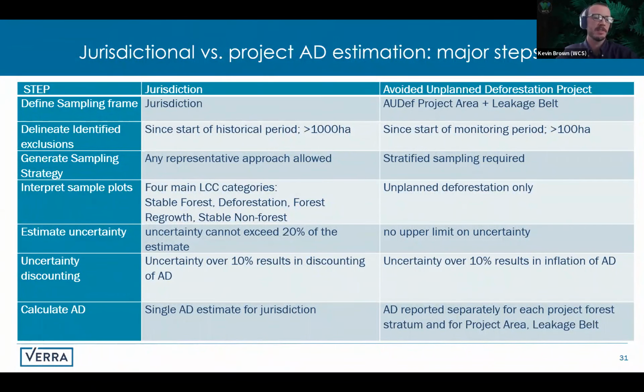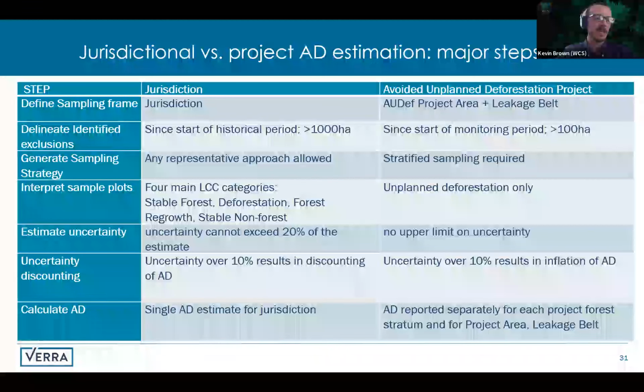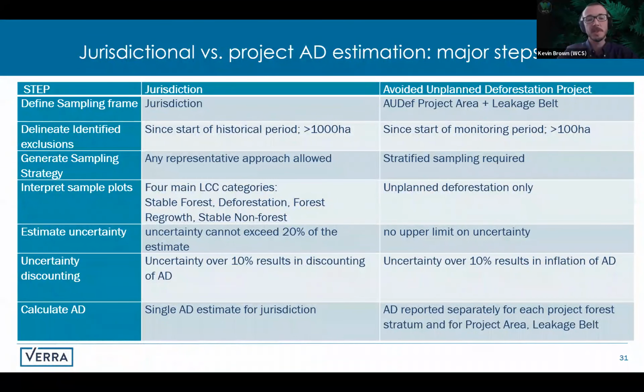So it's a conservative step to prevent things like large-scale natural disturbances or large government planned infrastructure clearings from unrealistically inflating the jurisdictional activity data.